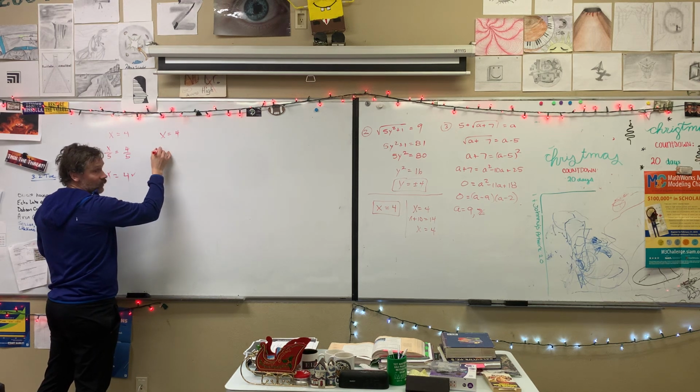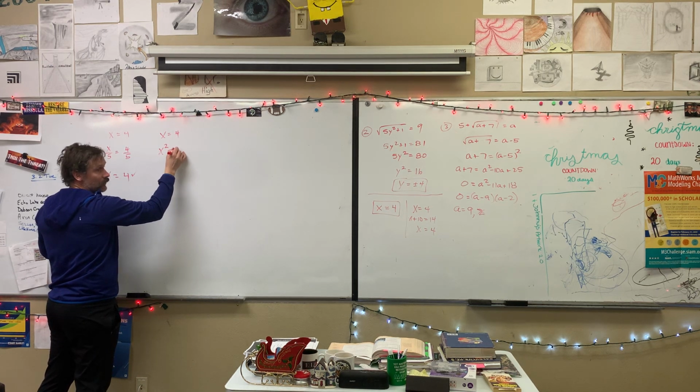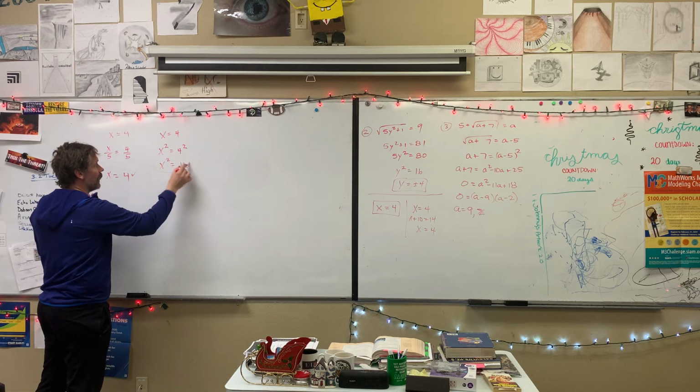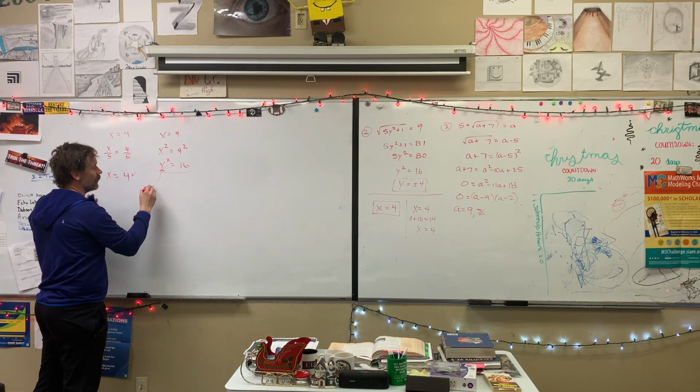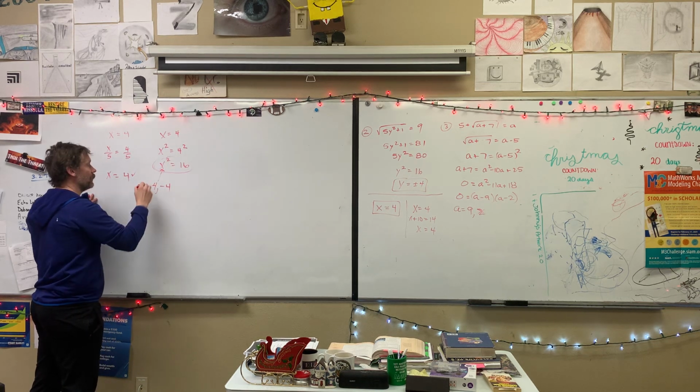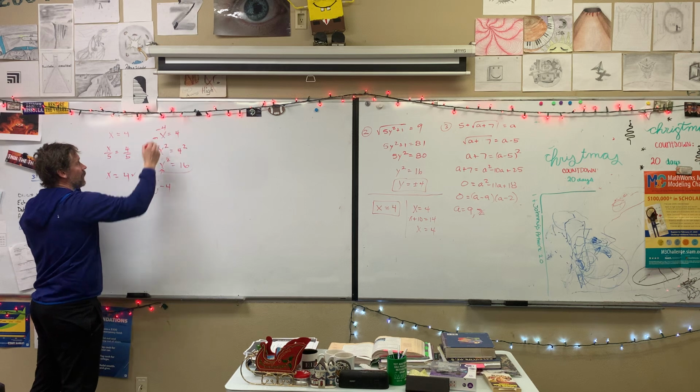Now, let's go ahead and square both sides. X squared is equal to 4 squared, so x squared is equal to 16, right? Now, if this is what you're looking at, I know that I can plug in a 4, but what else could I plug in to make this true? Negative 4, right? But if you go back up here, can you plug in a negative 4?